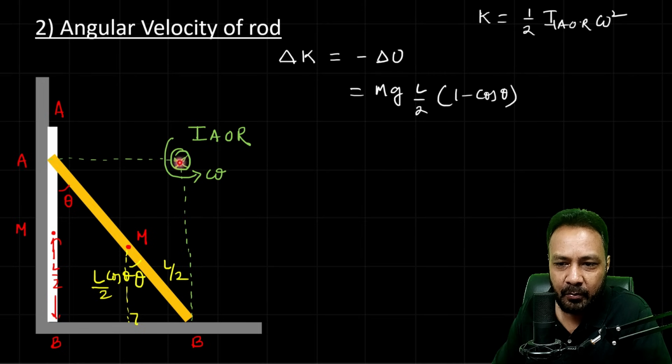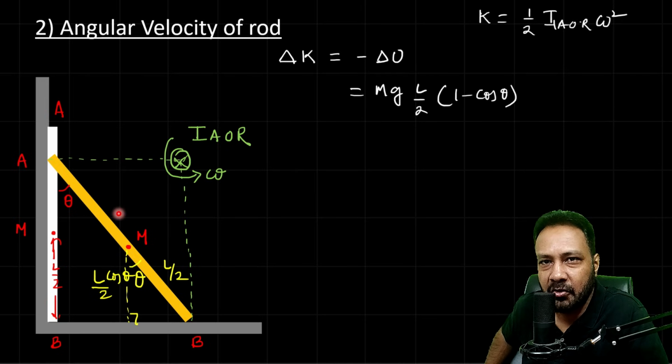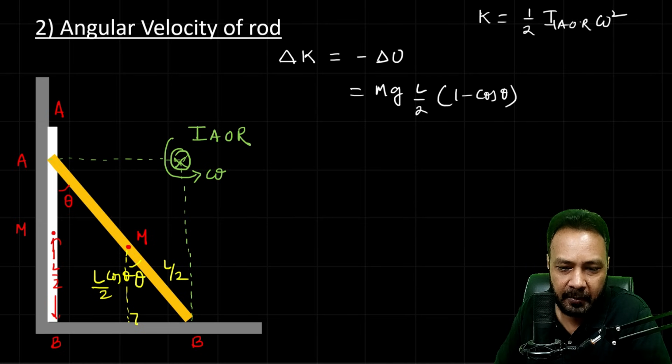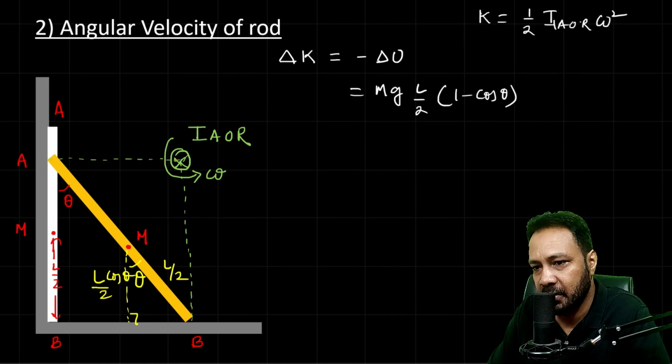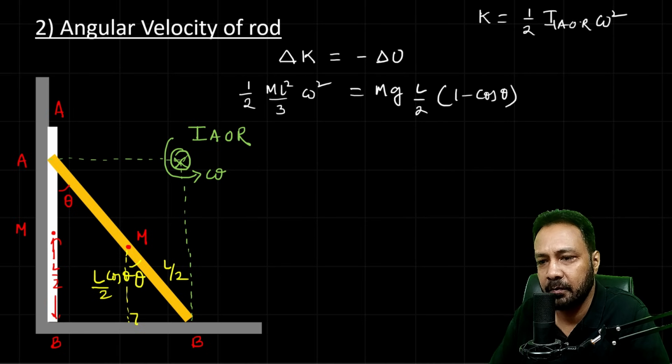Directly you can also write: this is the center of mass and this distance is L by 2, so moment of inertia would be mL square by 12 plus m(L by 2) whole square. That will come out to be mL square by 3. So now the gain in kinetic energy is half I, that is mL square by 3, and omega square.